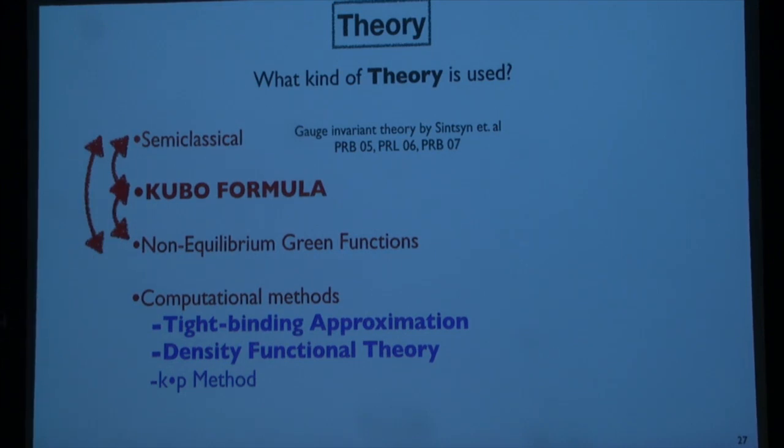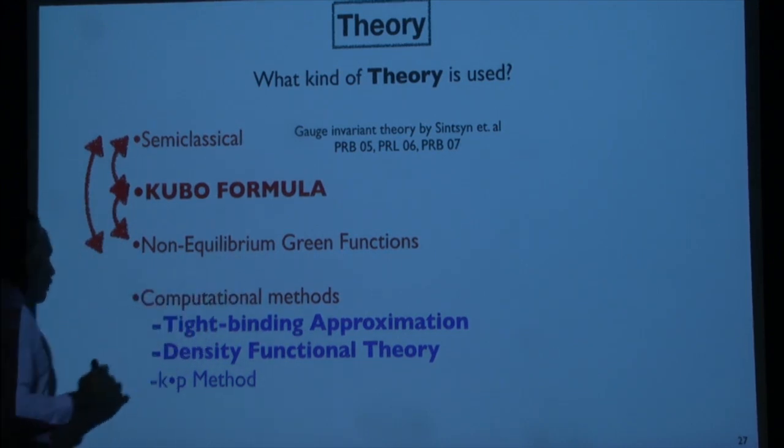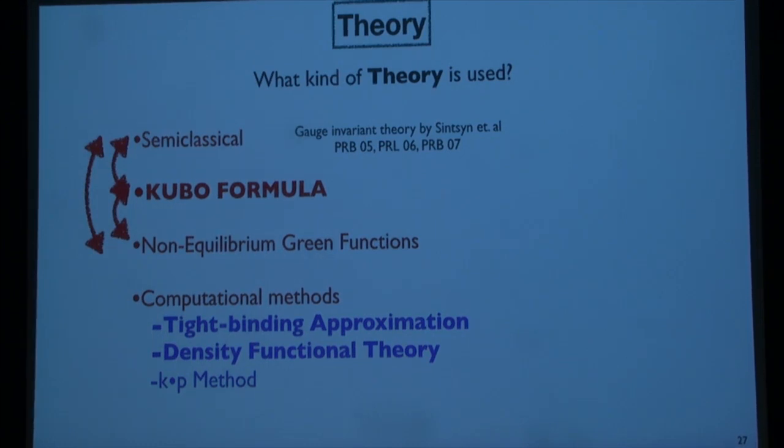And then there's a non-equilibrium Green's functions approach, which I will discuss in more detail. These are all transport calculations, but what you usually do is take the Hamiltonian or the effective wave functions from some other approximation, like density functional theory or the tight binding approximation, which I explained in the first two slides.